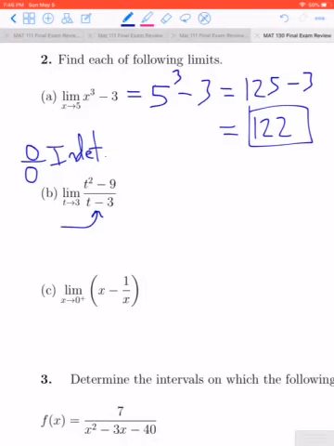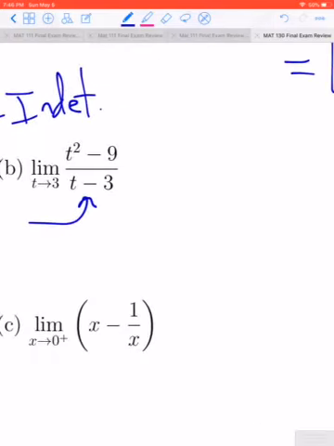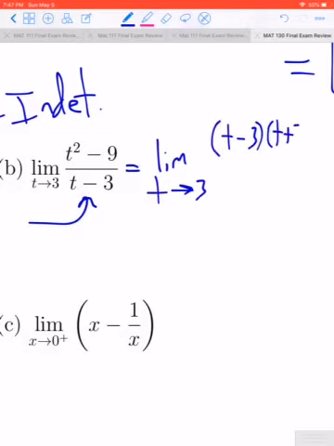One of the ways that we found to work on problems of this form is if you can algebraically simplify the function, it may be possible to plug in the value into the simplified version of it. And we can certainly do that with this one. If we look at the numerator, it factors as t minus 3 times t plus 3, all divided by t minus 3.